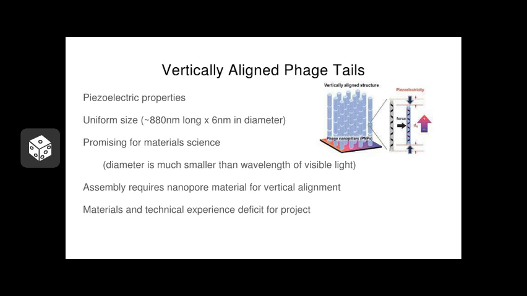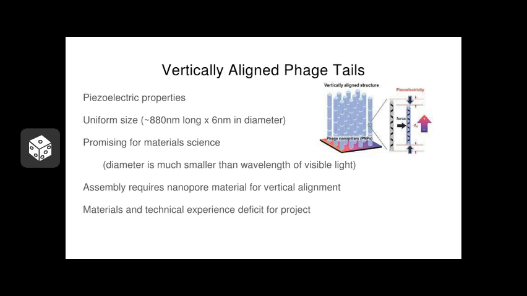In terms of materials application, for the solar cell, you'll notice that the diameter is about 6 nanometers. The shortest wavelength of visible light is something more like 280, 290 nanometers. So it's well below that threshold. So we wouldn't have to deal with that reflectivity problem that you noticed in the last slide with the anti-reflective coating.